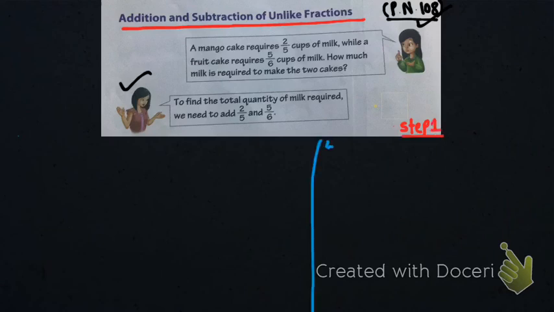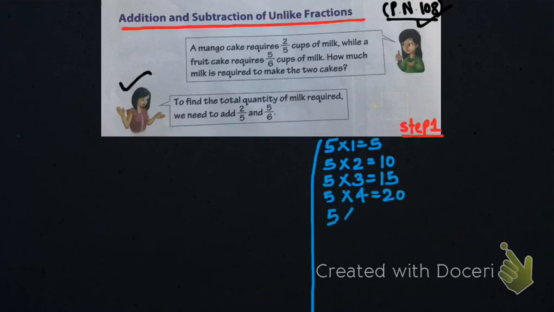So 5 into 1 is equal to 5, 5 into 2 is equal to 10, 5 into 3 is equal to 15, 5 into 4 is equal to 20, 5 into 5 is equal to 25, 5 into 6 is equal to 30.